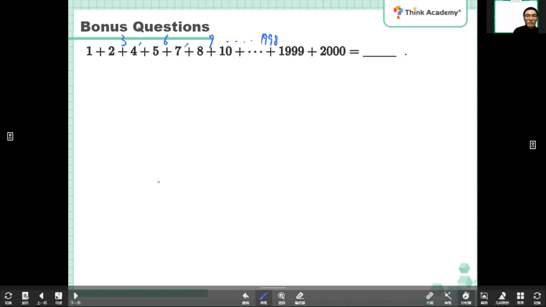We can consider just a regular arithmetic progression that starts with 1 and ends with 2000 with no numbers omitted. 1, 2, 3, 4, 5, 6, 7, 8, 9, ... all the way to 2000. And we know how to find that sum. Remember the formula: first term 1 plus last term 2000, times number of terms 2000, divided by 2.